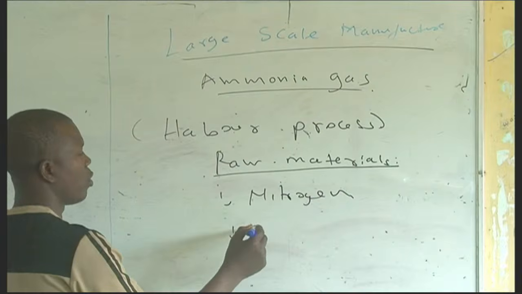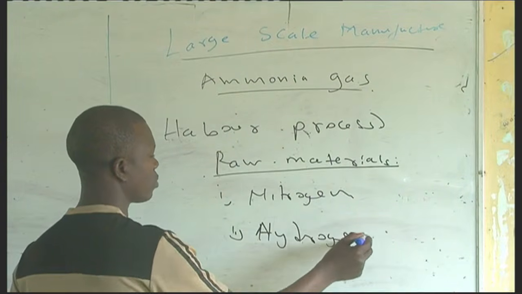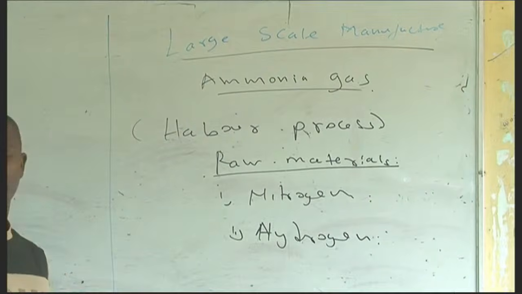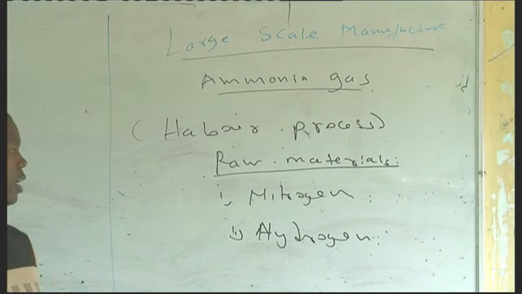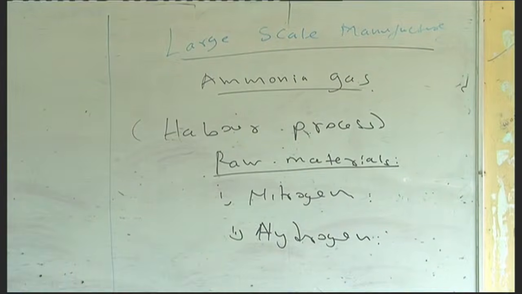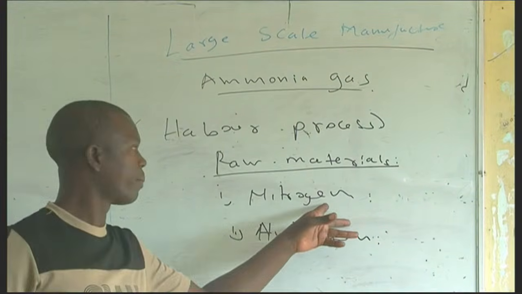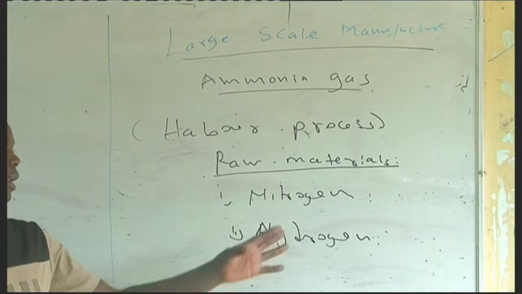Number two, we have hydrogen. These raw materials, it's important that we know their sources. Where do we obtain them from? Nitrogen, we obtain it from fractional distillation of liquefied air.